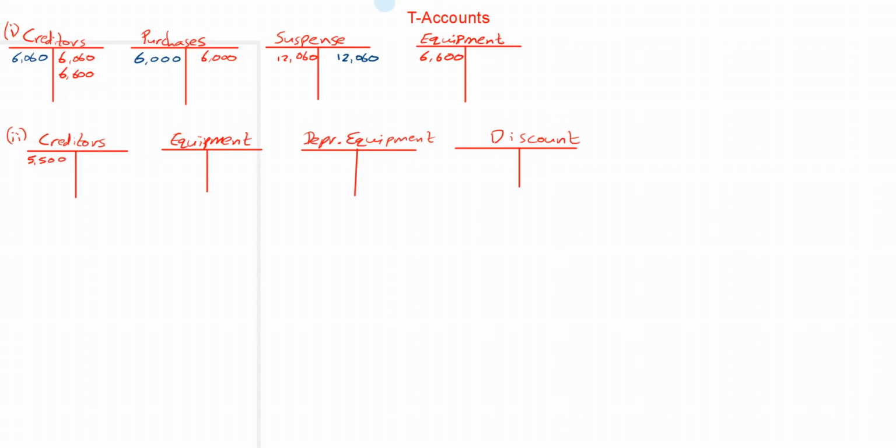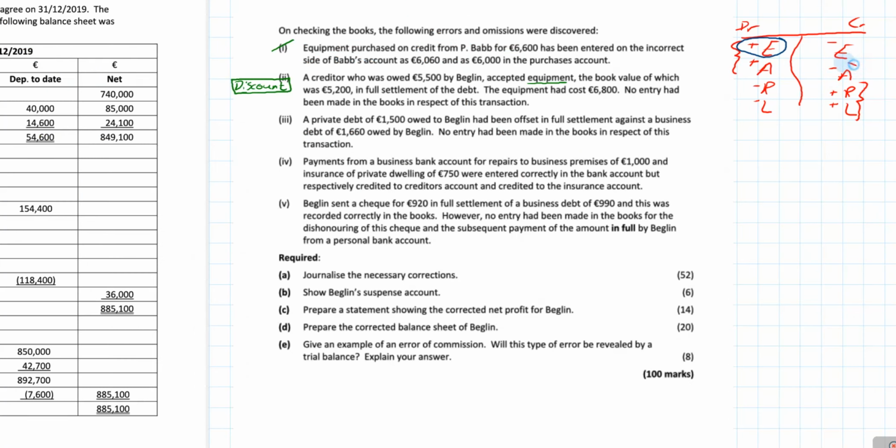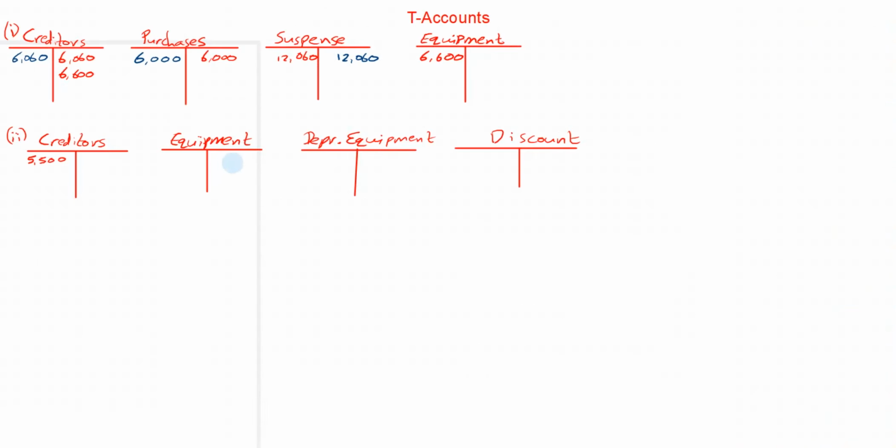Now, we are reducing our equipment. We're decreasing our asset. So that's a credit entry. So our equipment is only going down 5,200. The other 300 then has to be a discount. So we can show this in different ways.